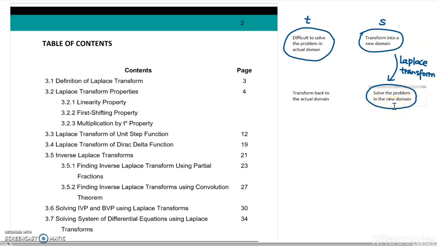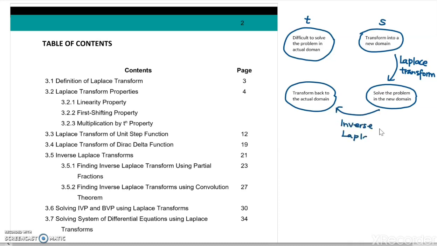But since our problem is in the domain T, we need to transform it back to the domain T. After we get the solution in terms of S, we transform back to the actual domain T. The process here is the inverse Laplace.